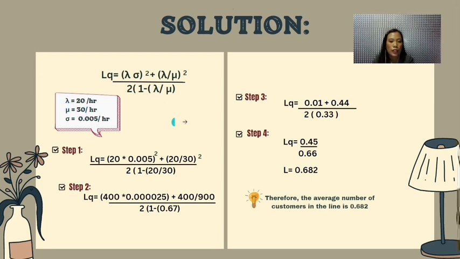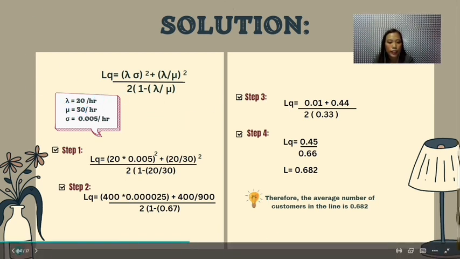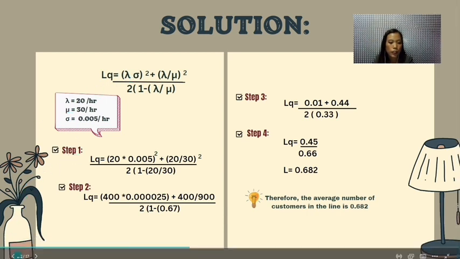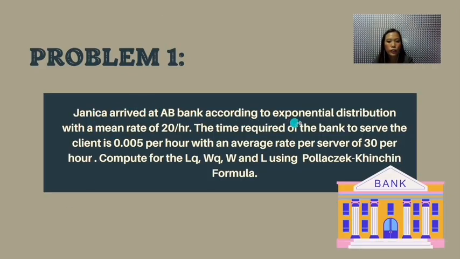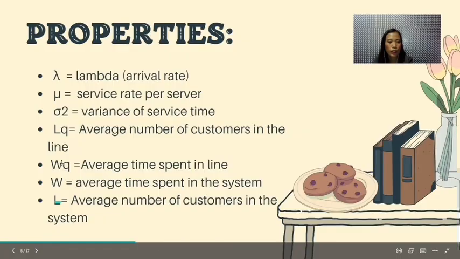So, in the given example, let's go back. First, let's find lambda. It says that Janica arrived at AB Bank according to the exponential distribution with a mean rate of 20 per hour. As we can see, this is the clue for finding lambda right away. Arrived at the bank according to exponential distribution with a mean rate of 20 per hour. So, this is the lambda. Next, let's find mu.